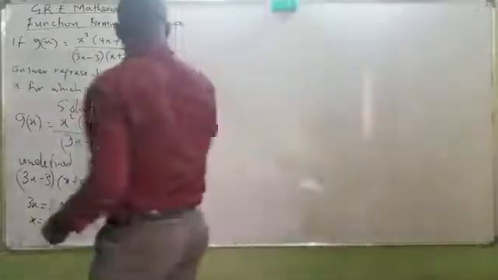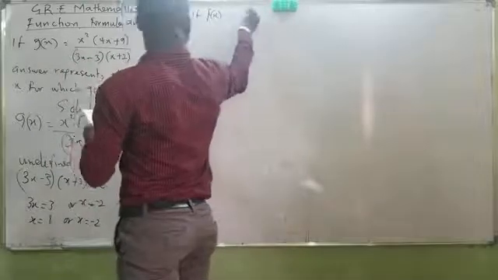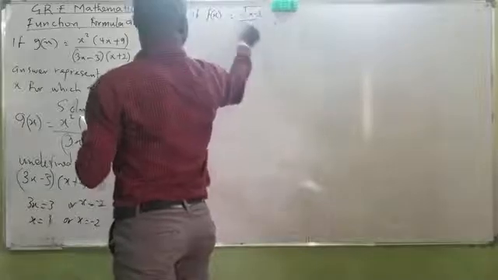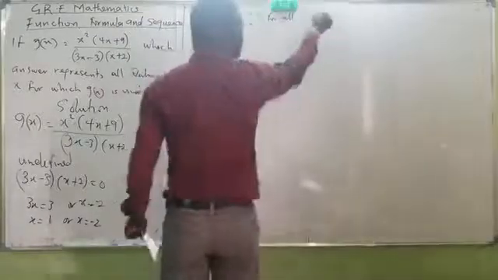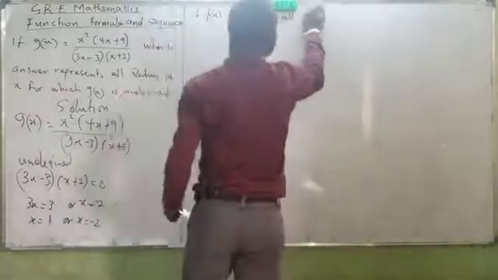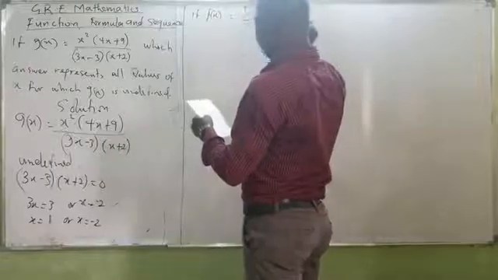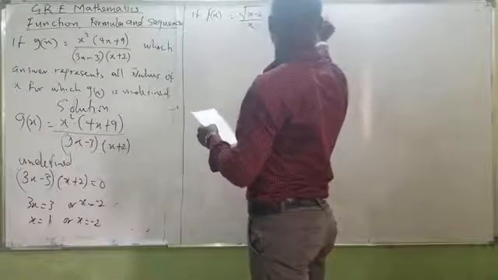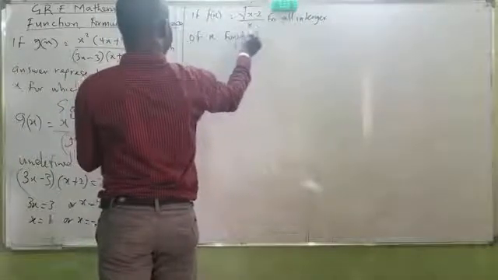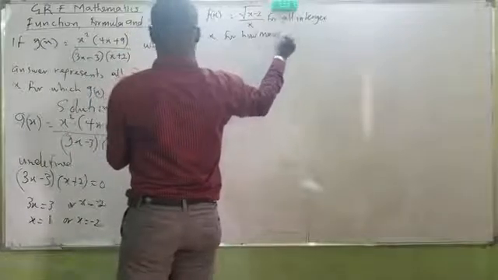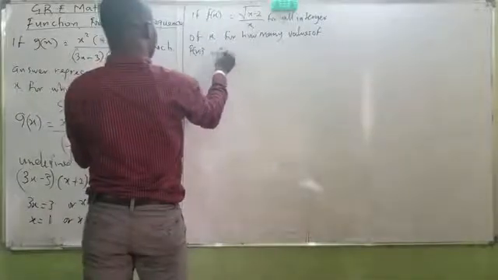But before I go into sequence, I have another problem: if f of x equals the square root of x minus 2, all over x, for all integers of x, for how many values is f of x undefined?